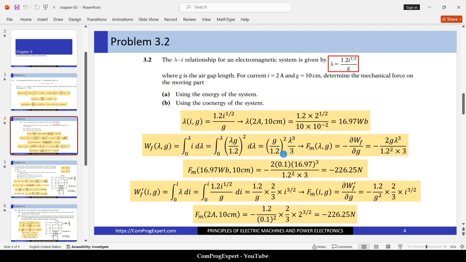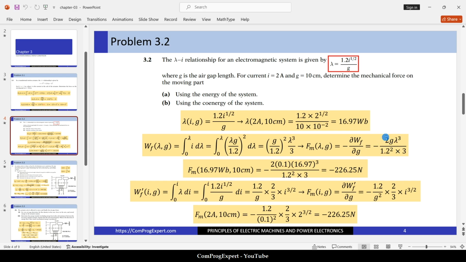Calculate this integral. We have this for the energy, and the force is the negative of the partial derivative of the energy with respect to the position variable, in this case the gap. So this is the value of the force.